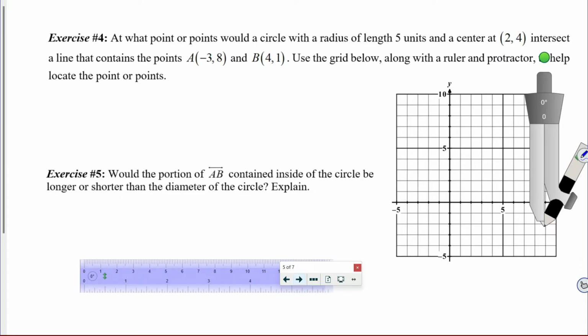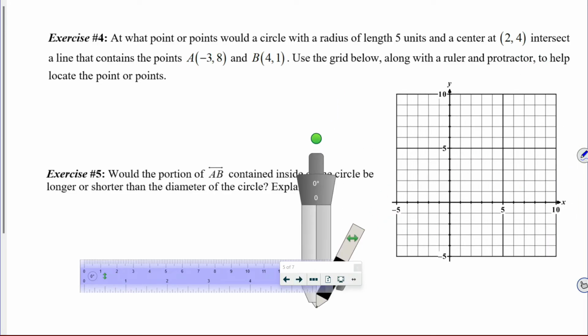At what point or points would a circle with a radius of length 5 units and a center at 2, 4 intersect a line that contains the points A(-3, 8) and B(4, 1)? Use the grid below along with a ruler and protractor to help locate the point or points.